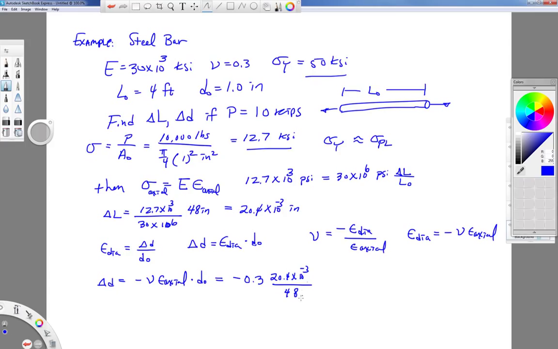I have units of inches on the top and the bottom, and then times my 1 inch. If I put all these numbers together, I end up with a fairly small number. It's negative, indicating the diameter gets smaller. Negative 127.5 times 10 to the minus 6 inches.